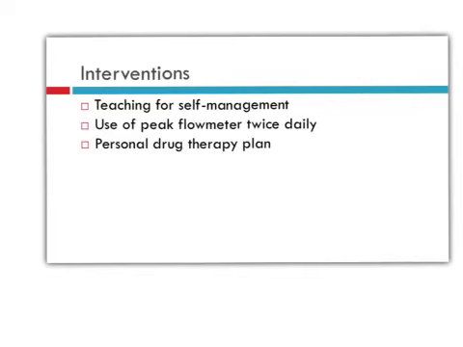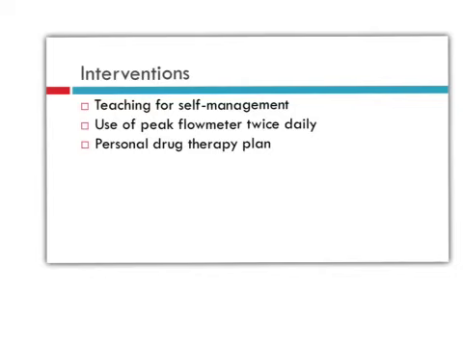For quick relief medication, I think this is also depicted in the next slide, but beta-2 adrenergic agonist, albuterol, is what we use for quick relief. And then, of course, for drying effect, we have an anticholinergic medication called Atrovent.